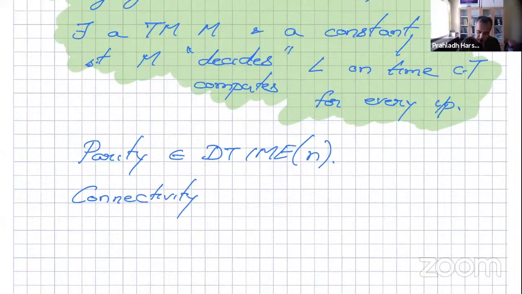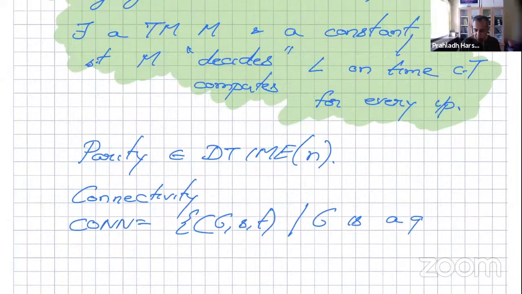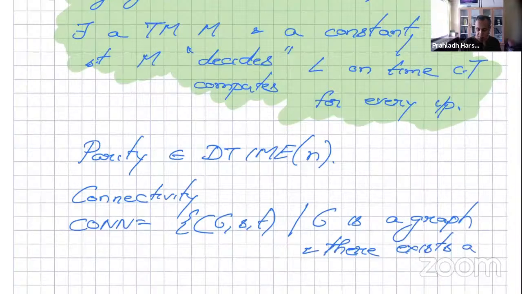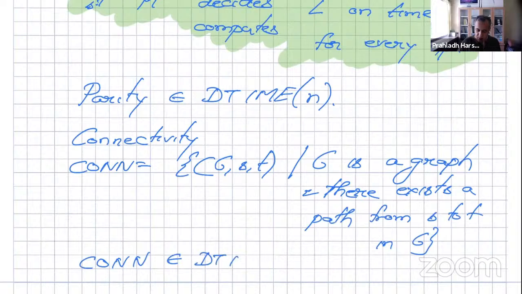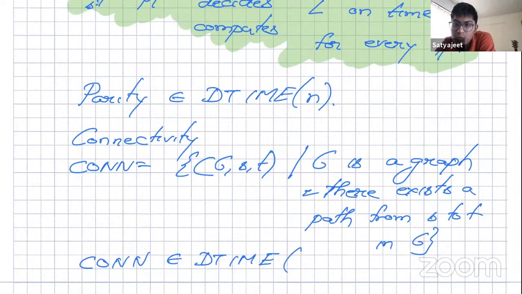So I'm going to define CONN to be exactly this language version: G, S, T, where G is a graph and there exists a path from S to T. So what is the time for CONN? It's like the number of edges, which, okay, let's just put an n squared bound on it.